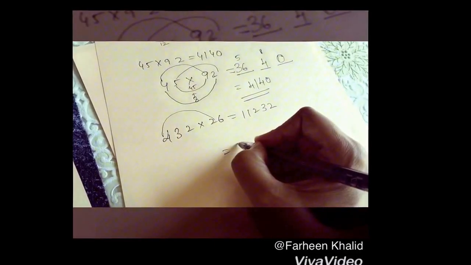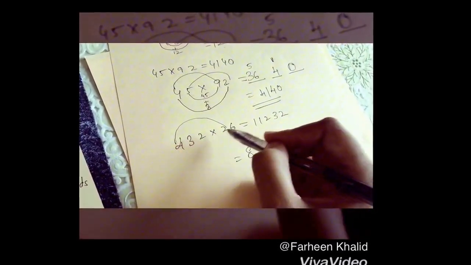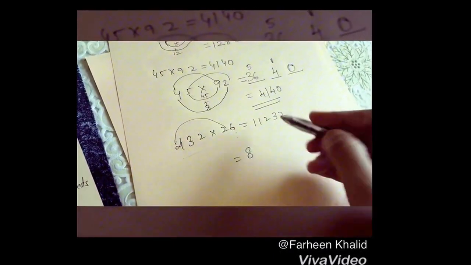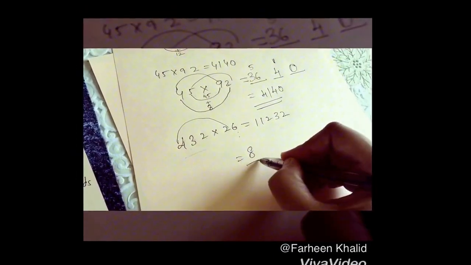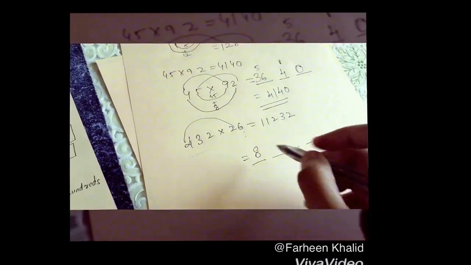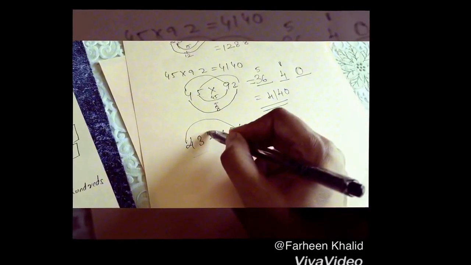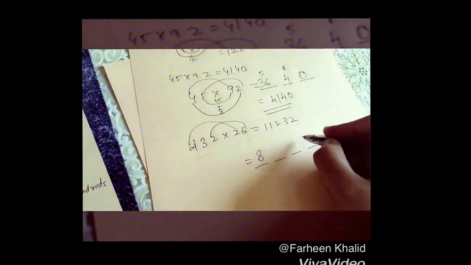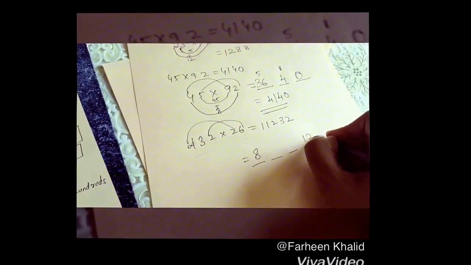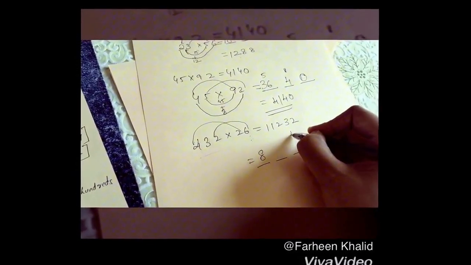Before that, it's 5 digits in the question, so we put one less space here. So it's 4 times 2, which is 8, and then you have 2 times 6, which is 12. So we put the 2 here and we take 1 as a carryover.